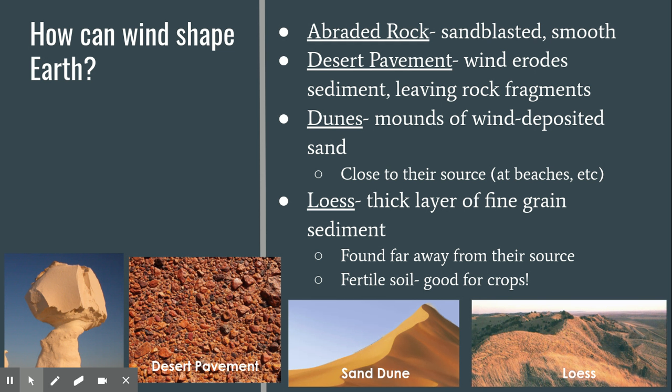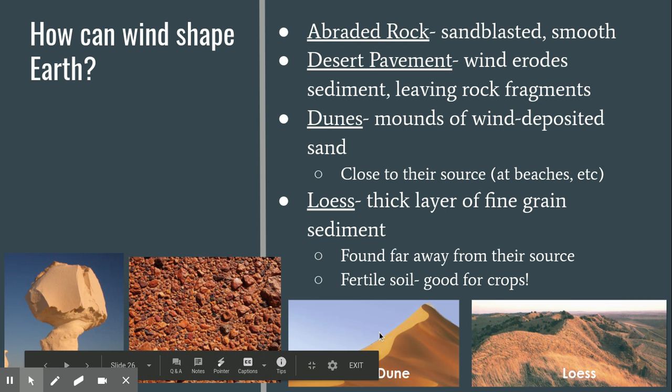We also see deposition happening with wind in the form of a sand dune. So a sand dune and actually a loess as well. So those two pictures to the right. Dunes are mounds of wind deposited sand. And they have kind of a cool shape. So they have a gentle slope here coming up the side.